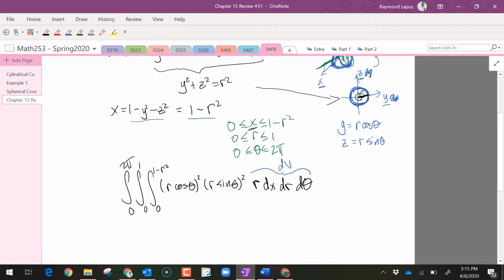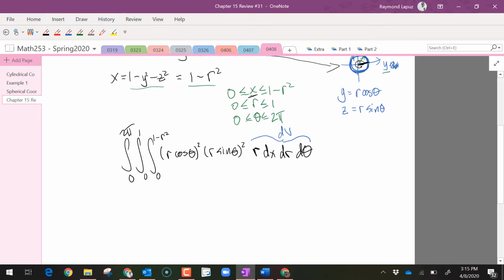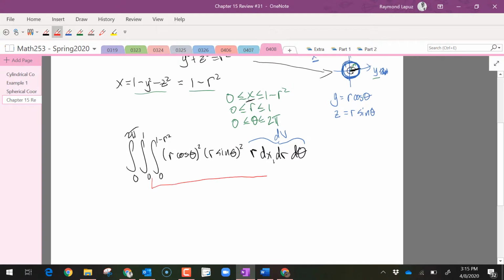All right, we can easily split this up. We have to consider the r, though, at the innermost level, and so this, with respect to x, is constant, so we can take that out. That's not a problem, but we need to integrate with respect to x first.